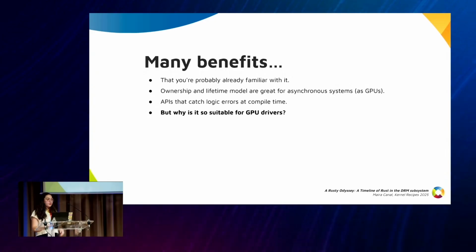GPU drivers can benefit a lot from Rust's ownership model, lifetime model, and also because GPUs are highly concurrent and asynchronous, so they can really benefit from all that. And also, it's great the way that you can model your API to catch some logic bugs at compile time, etc. But again, why are GPU drivers special? What makes them need a modern language, let's say?